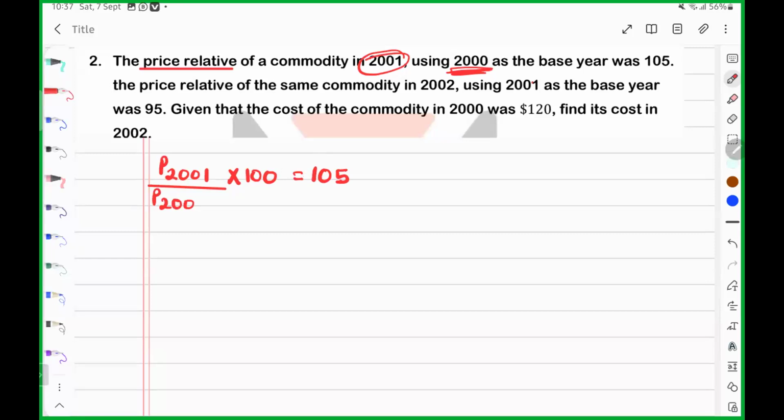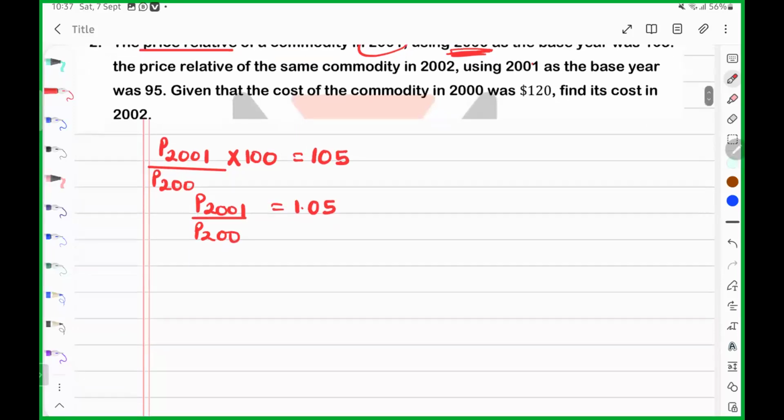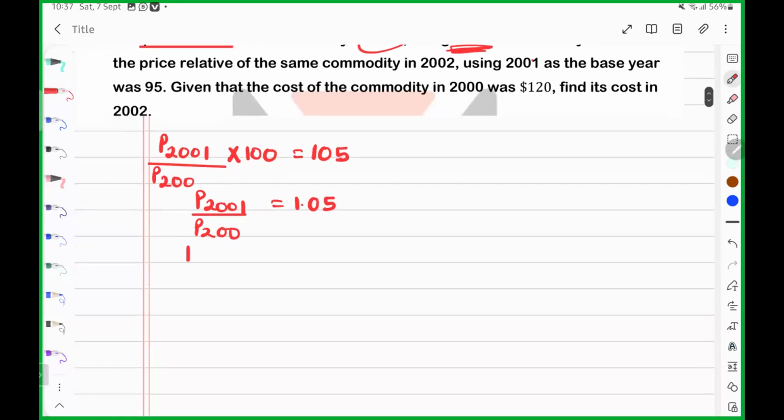I can go further and simplify that. I'll end up with price in 2001 out of price in 2000. If I divide through by 100, I'll get 1.05, which means that the price of the commodity in 2001 is equal to the price of that commodity in 2000 times 1.05. So I'll have 1.05 times the price of the commodity in 2000.